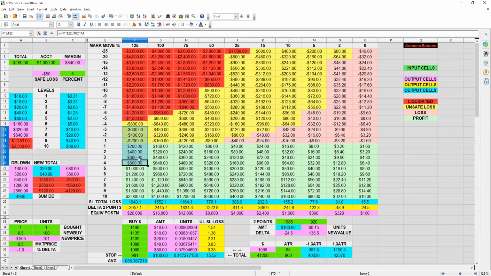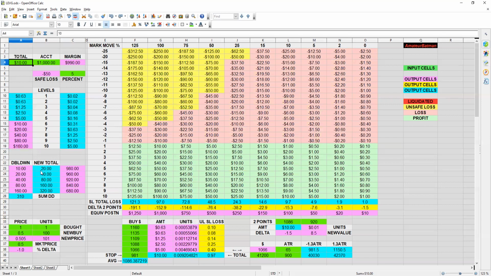So if you were really, really sure about that trade, you could buy down up to a 160 level, which means that you could do 1, 2, 3, 4 more buys, doubling down. But you're going to be, again, getting into your risk zone, but this is how you can work that out before it ever sees the light of Binance.